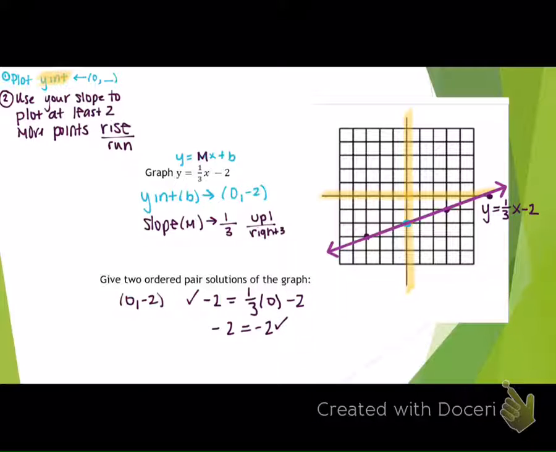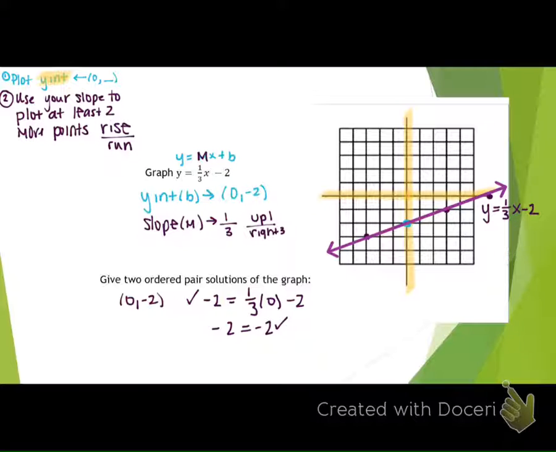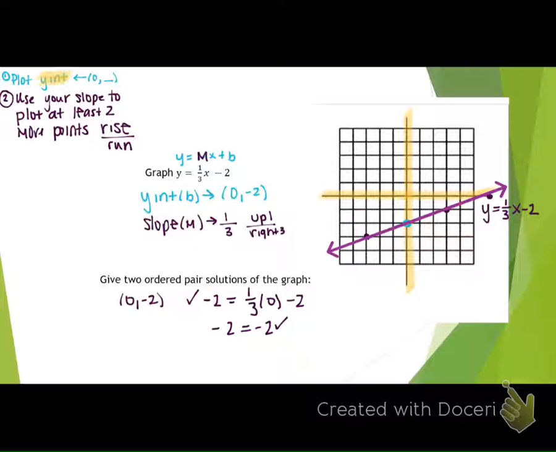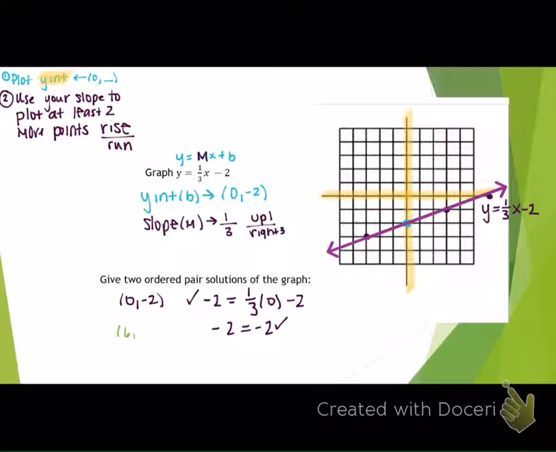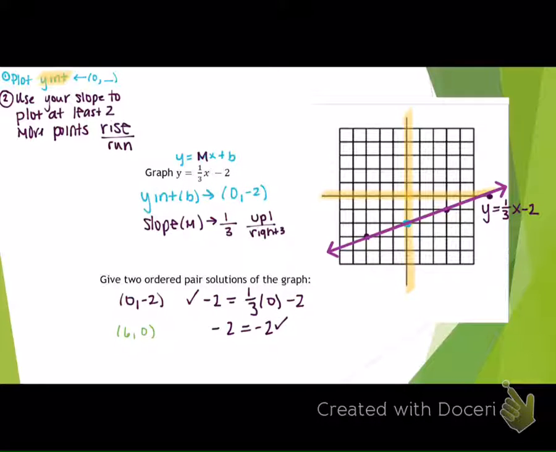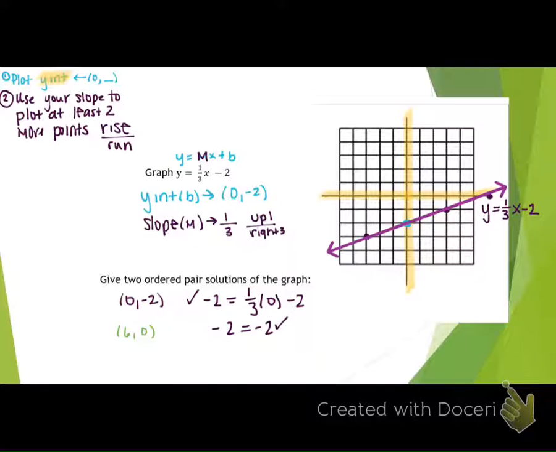I have 3 other points that are plotted up there, so you can use any of those. 6, 0 is what you're saying? Yeah. Now, again, if you were to plug that in, 1/3 of 6 is 2. 2 minus 2 is 0. So that does make sense.